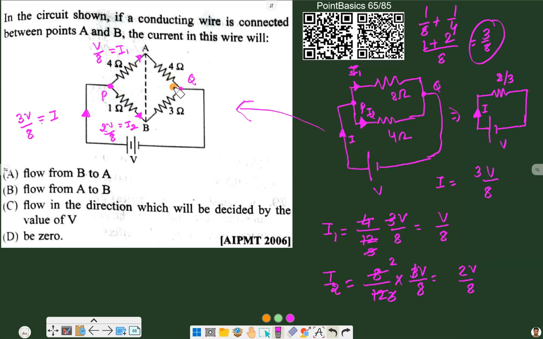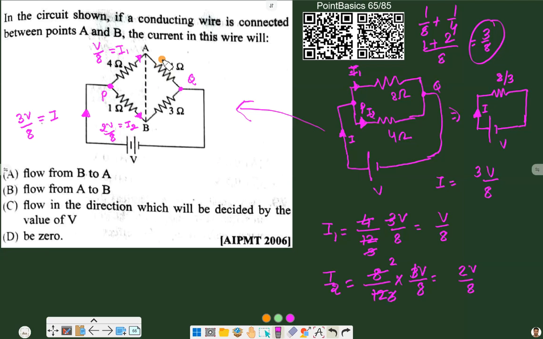Now as both of these 4 ohm resistances are in series, the same current flows through them. So in this 4 ohm, I1 is flowing, and in this 4 ohm, I1 is again flowing. Similarly, in the 1 ohm there is I2 current, and across the 3 ohm there is also I2 current, because 1 and 3 are both in series.